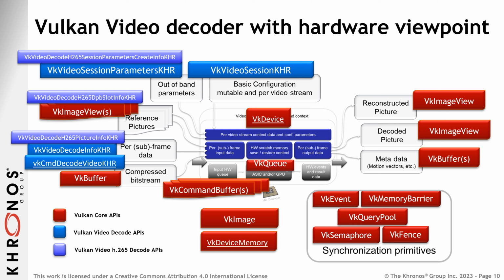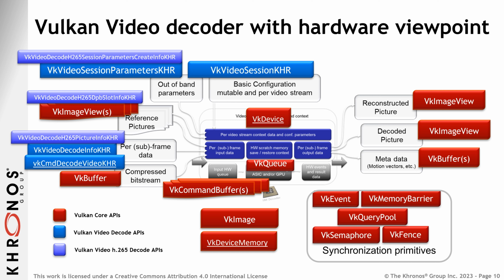The hardware needs a place to store the per stream context when decoding and encoding multiple video streams. We could have designed the API to maintain the context within the Vulkan device itself, but then this would have required a new device to be created for each video stream. Each such device would have required the maintenance of more state than was necessary for a single video stream.